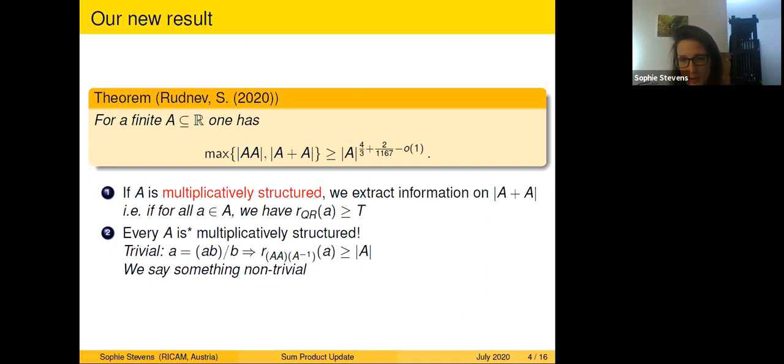And perhaps at this point you're feeling a little bit uncomfortable because you can see this asterisk here, and you're wondering, is it true that every A really is multiplicatively structured? You'd be right to be suspicious, because what we actually prove is that every set A has a large subset, and this large subset has got multiplicative structure in the way that we want it.